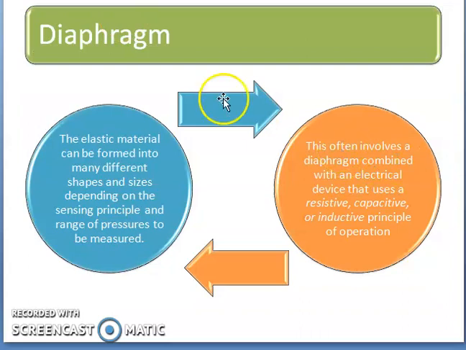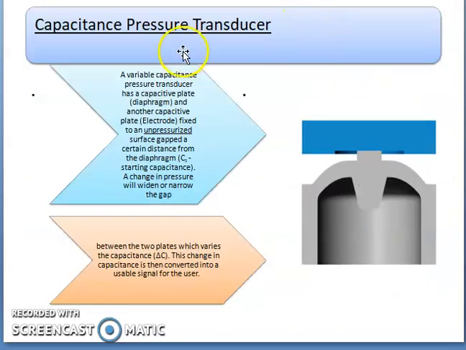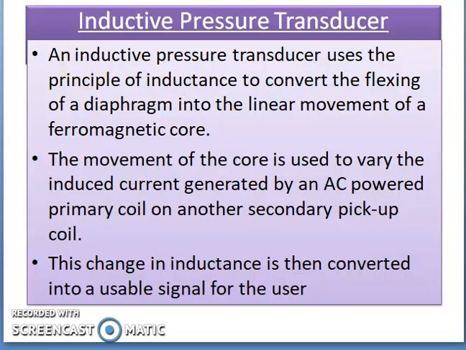That is, diaphragm is an elastic material and it is often combined with the electrical device which uses either resistive, capacitive or inductive principle. Based on that, we have mainly three types of pressure transducer. First one is resistive pressure transducer, second one is capacitive pressure transducer, and third one is inductive pressure transducer. These are the main types of pressure transducer.